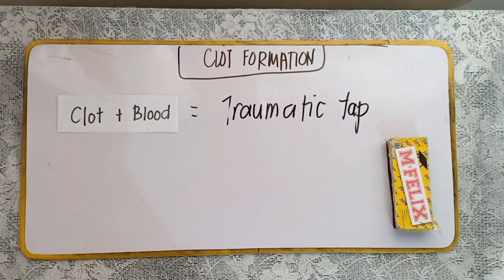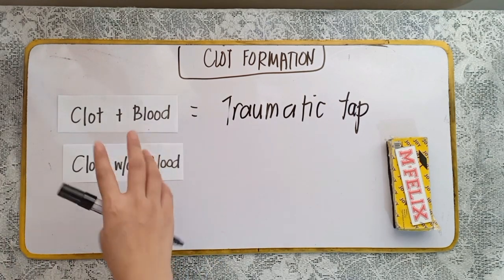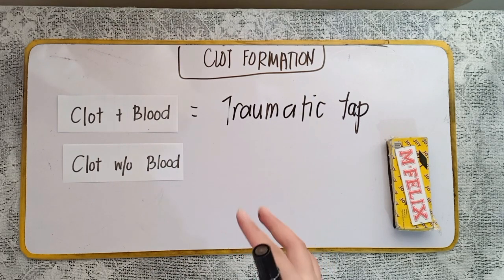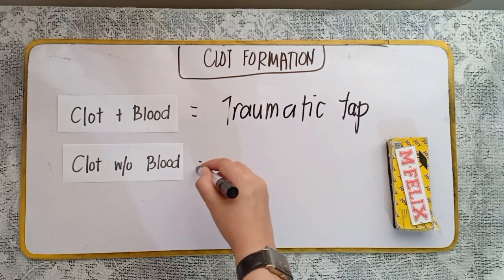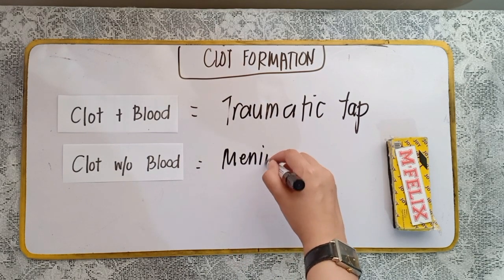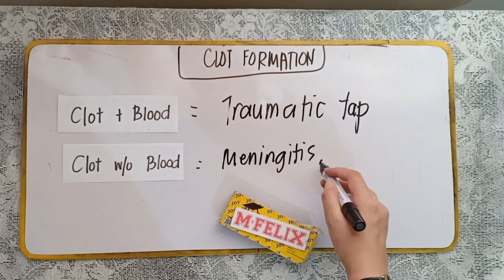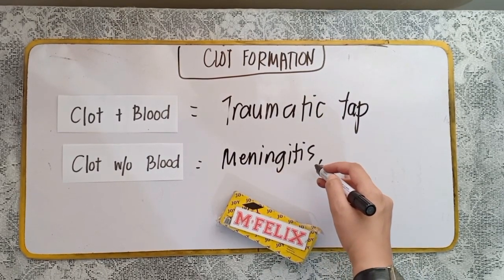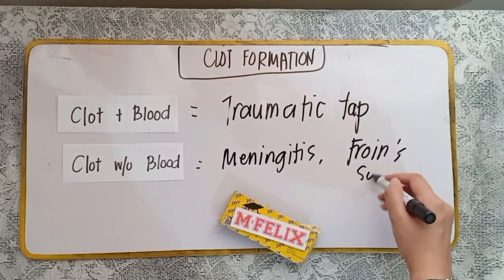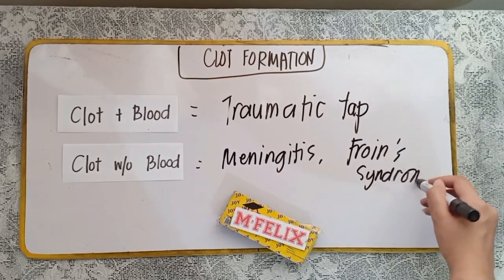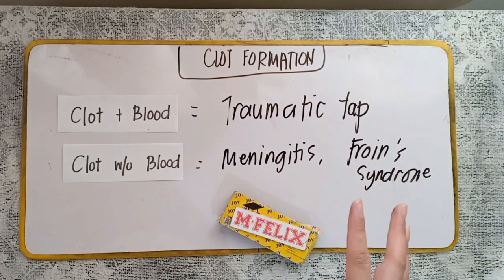And then, we also have clot formation without the presence of blood. The indication of this, class, is highly suggestive of meningitis. And then we have this condition, your Froin's syndrome. Froin's syndrome, class, is a condition wherein there is a complete spinal block.